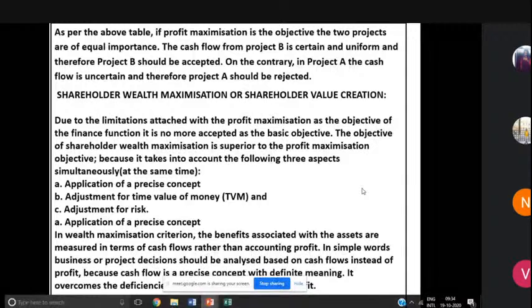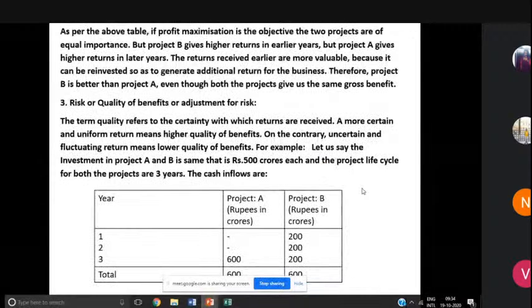I presume everyone has copied the table, right? Everyone has copied this table. Say yes, no. No, sir, 2 minutes. Okay, copy the table, full table, so that there is no confusion then. Done?